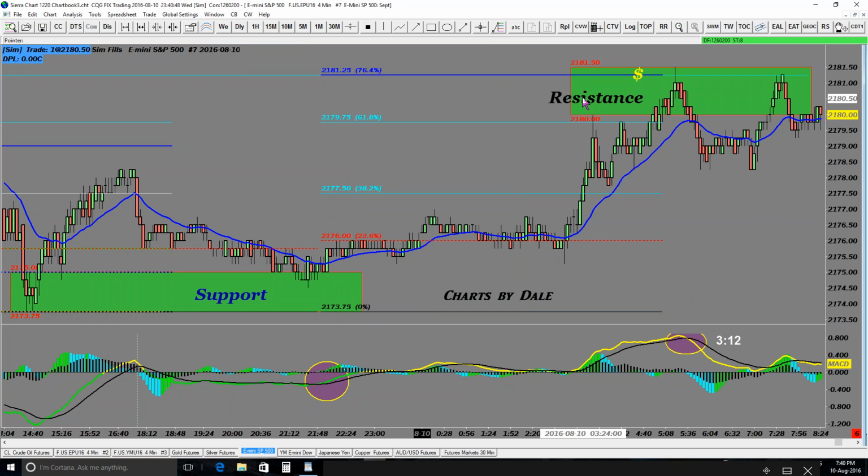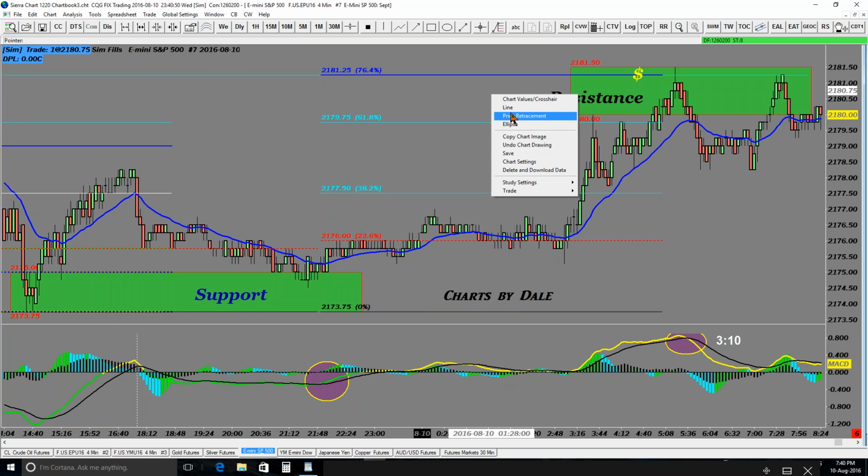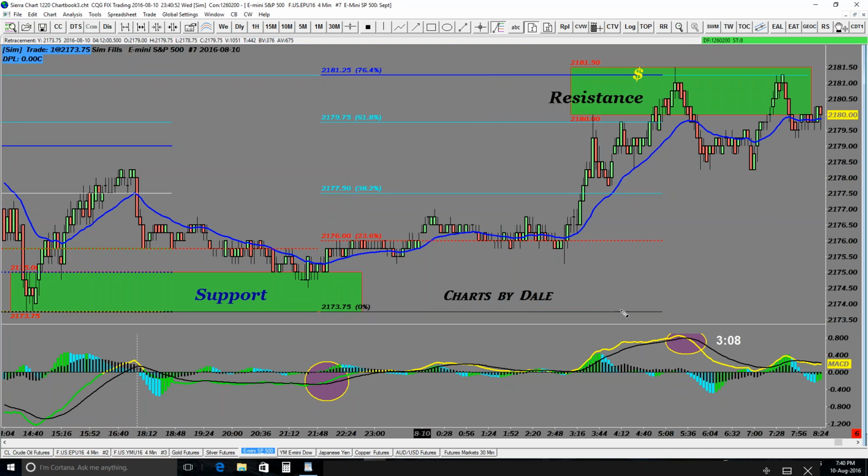So we take a set of fibs, and we put them on right from about here. So this is the 21.73 and 3/4.